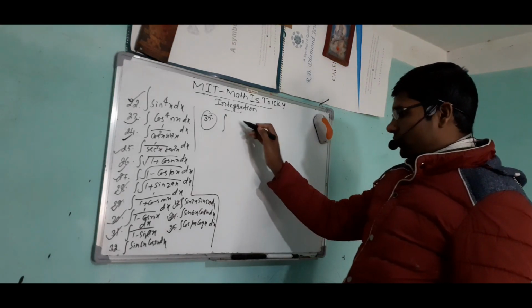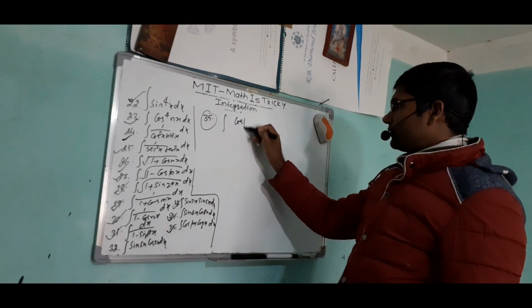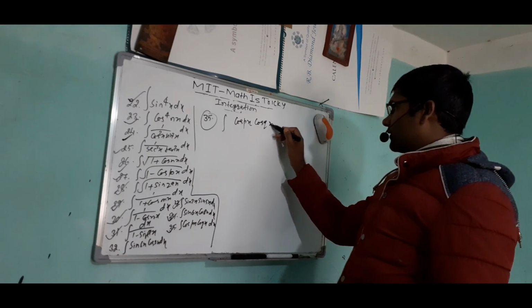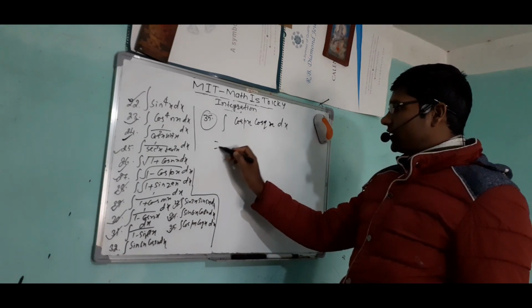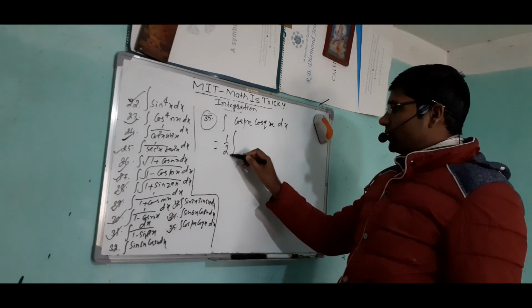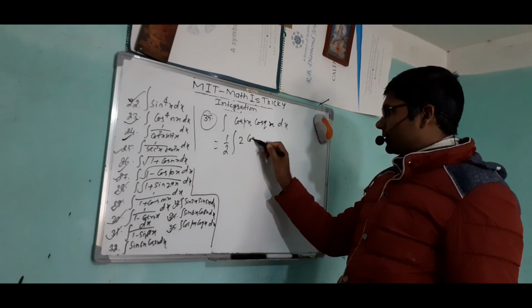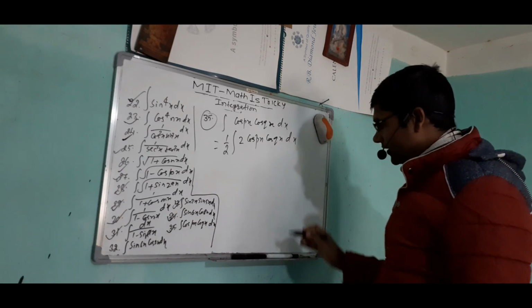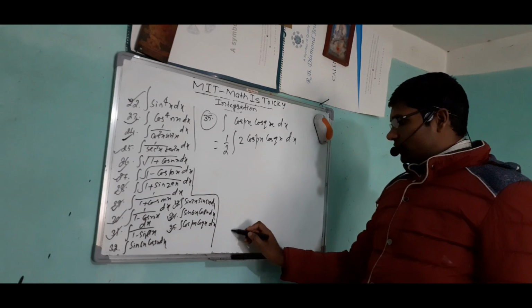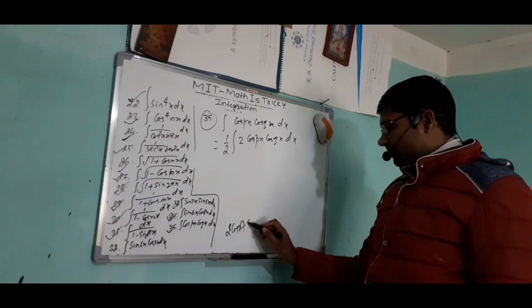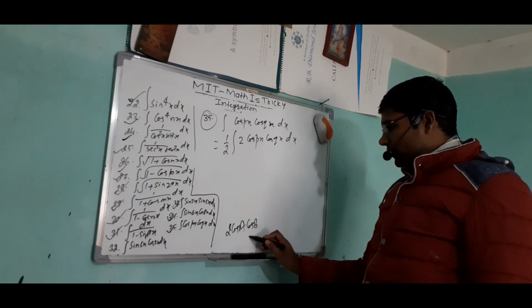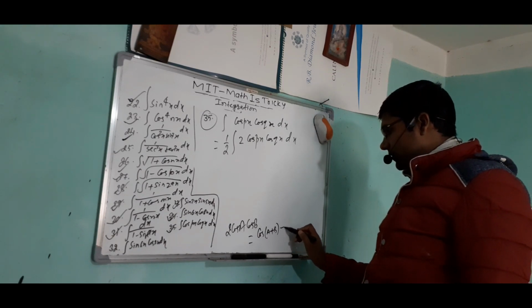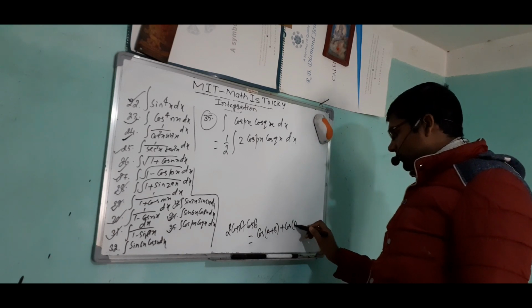Last question for today: integration of cos px cos qx dx. My dear students, as before, let's multiply and divide by 2, so 2 cos px cos qx dx, and the formula I'm going to use is 2 cos a cos b equals cos (a plus b) plus cos (a minus b).